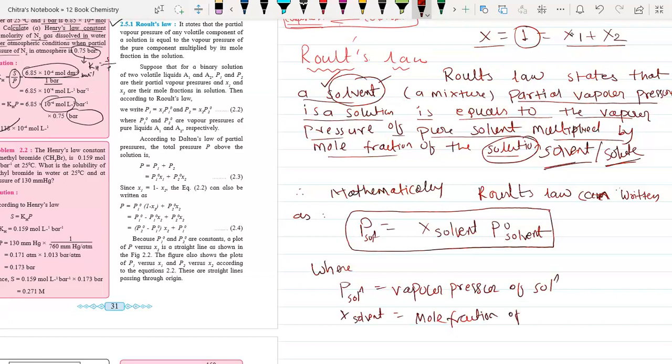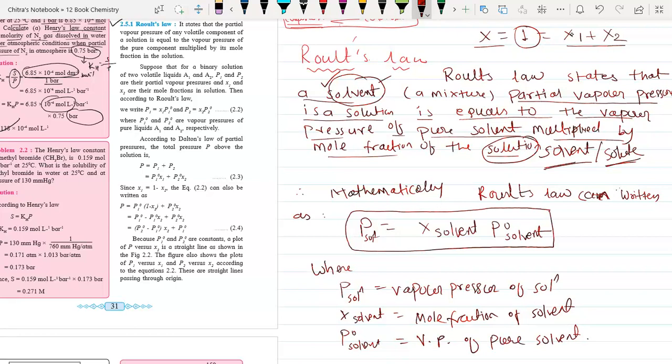Then what is P0? P0 of solvent is the vapor pressure of pure solvent, beta. Okay, everyone, do reply. Nice. Any doubt?